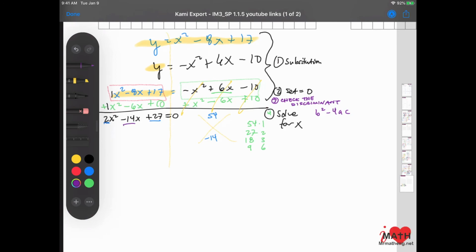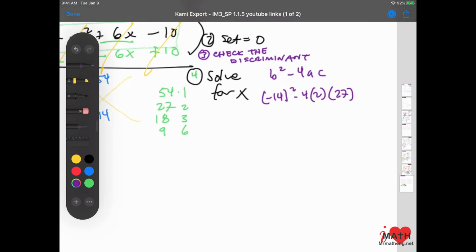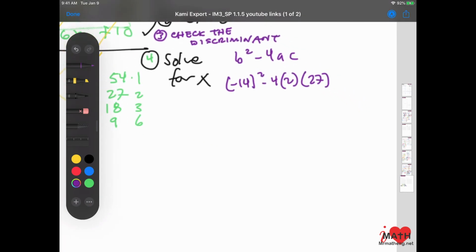So my b value is negative 14, minus 4 times my a value, which is 2, and my c value, which is 27. And I get 196, and negative 4 times 2 is negative 8, and negative 8 times 27 is negative 216.